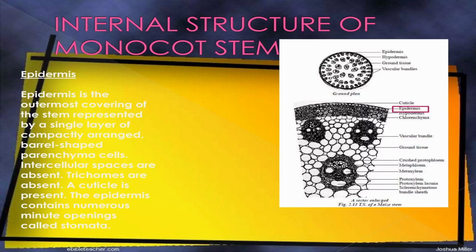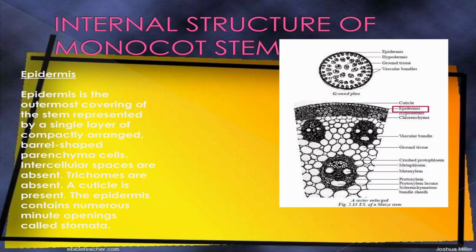Next, the internal structure of the monocot. This represents a typical monocotyledonous plant's thin transverse section. A young monocot stem consists of, first, the epidermis. The epidermis is the outer layer of the stem.